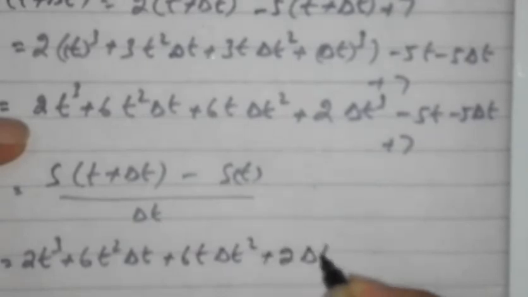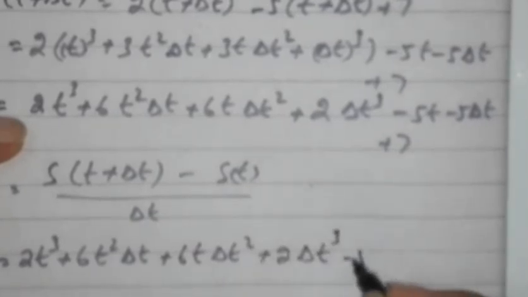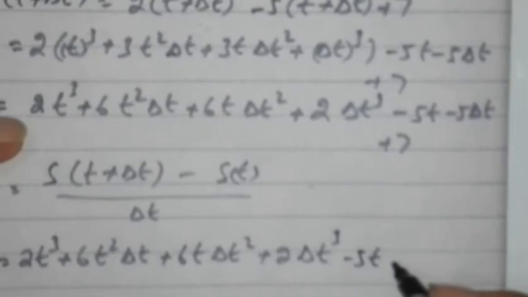So write 2t cube plus 6 t square del t plus 6t del t square plus 2 del t cube minus 5t minus 5 del t plus 7 minus S of t value, which is 2t cube minus 5t plus 7, whole divided by del t.